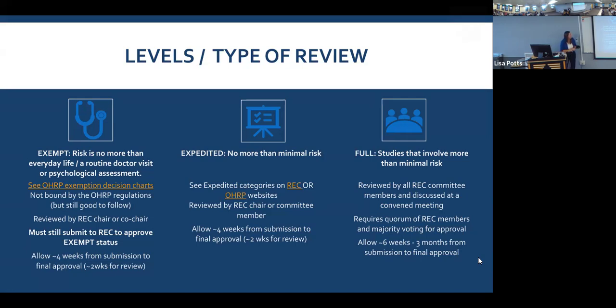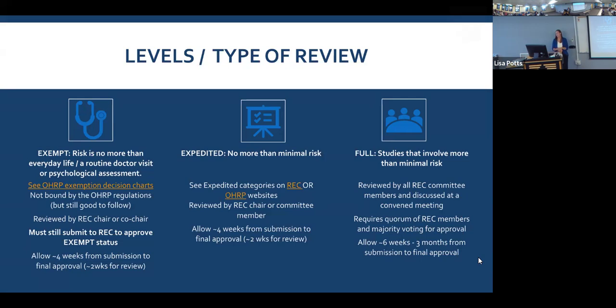And you may notice that I adjusted our timeline here. I don't feel like that's because we're taking longer on the REC side, but trying to be a little bit more realistic about, there's almost always the back and forth process that's happening. And so as much as possible, if you can have your classes set up or advise your students to think about, okay, when is your target date for starting this?